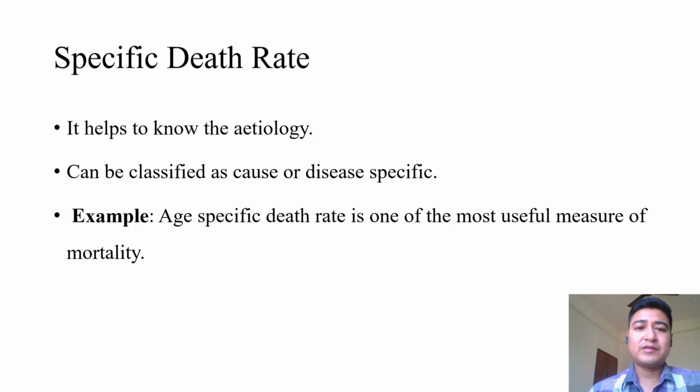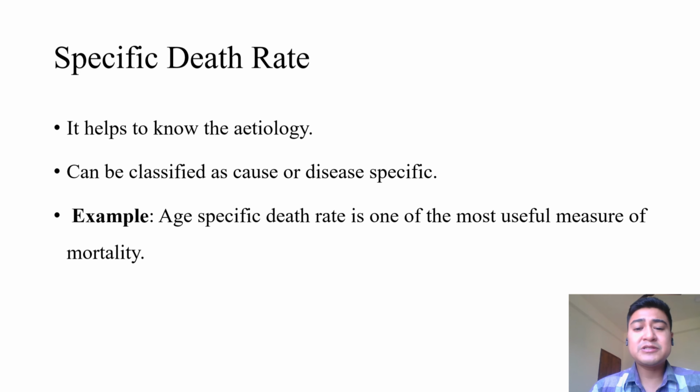Moving forward to the specific death rate. Specific death rate, as the term suggests, refers to a particular etiology or the cause by which the death has occurred. It is generally classified as cause or disease specific death rate, or it may also be age specific death rate, gender specific death rate.